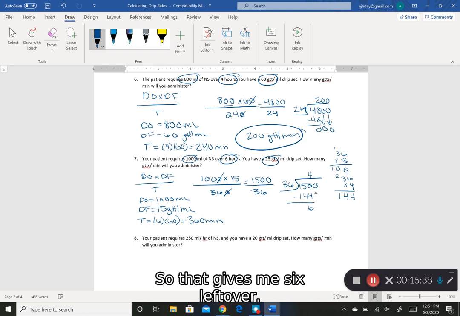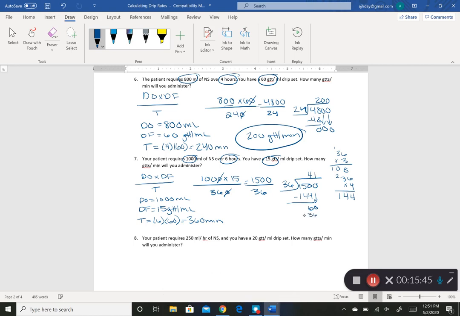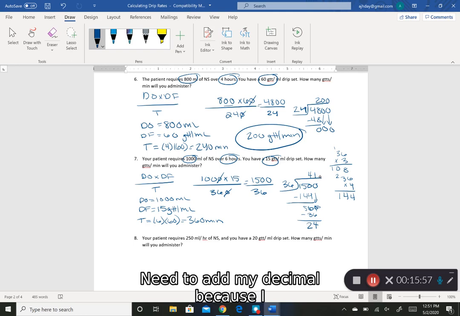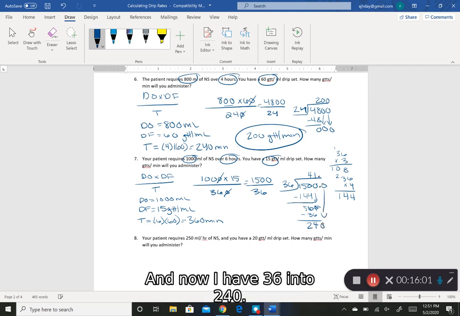So that gives me 6 left over. Now I do know that 36 only goes into 60 one time. Ten minus 6 is 4. Leaves me with 24 left over. I need to add my decimal because I do need to find one place. And now I have 36 into 240. So again, I'm going to have to test this out a little bit.